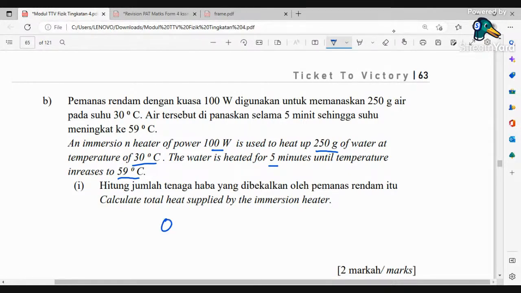Okay, Q equals PT, means 100 multiply by 5 times 60.